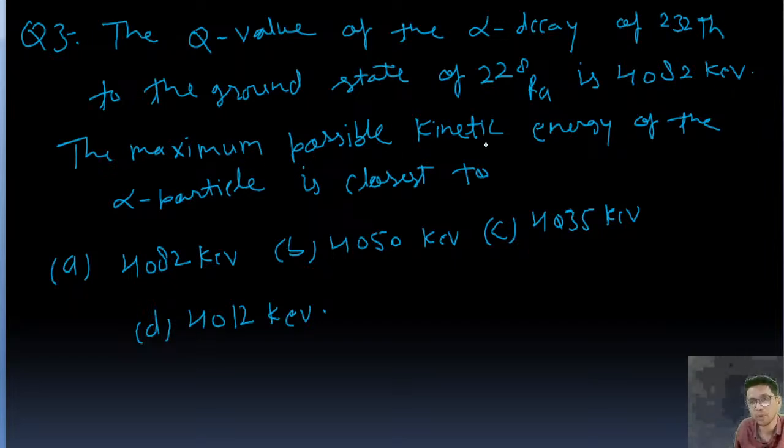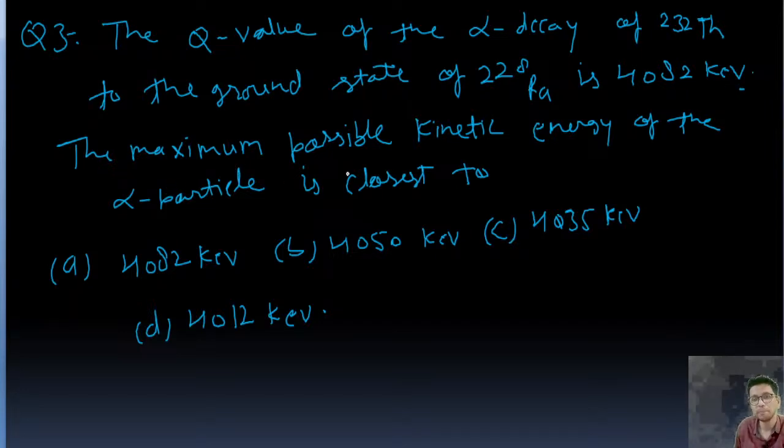The maximum possible kinetic energy of the alpha particle is closest to. In thorium, an alpha particle gets emitted, and it goes to the ground state of radium, so thorium becomes radium after alpha decay. The Q value is given for this reaction, that is 4082 kilo electron volt.